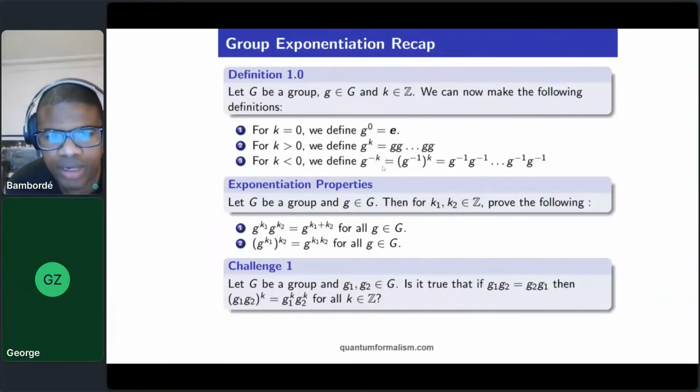Now, I believe you have done this before, that's why I'm not putting it here as a challenge. These are the properties of group exponentiation. Given two integers, k1 and k2, and an element of the group, these things hold. I really challenge you to try to prove this.